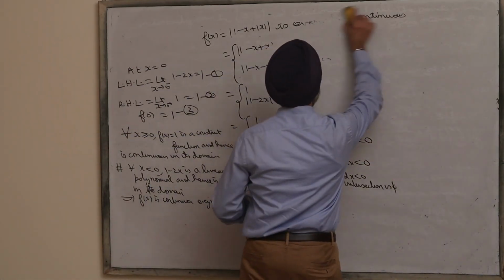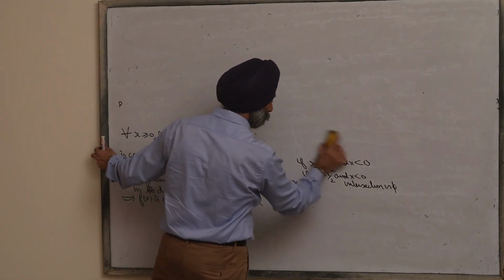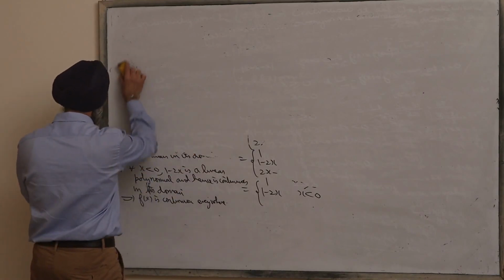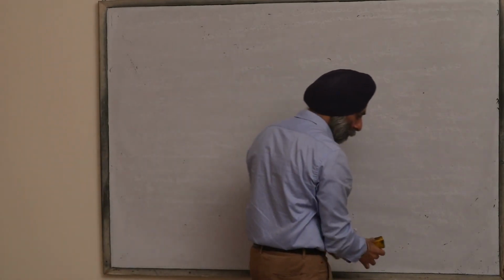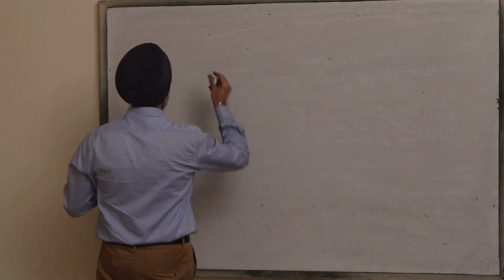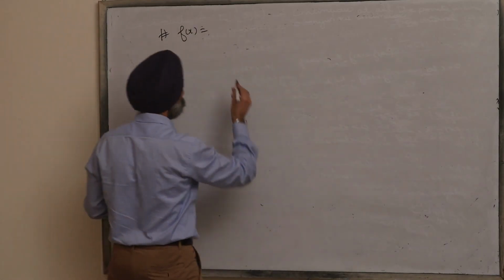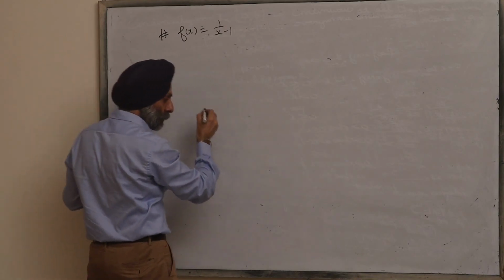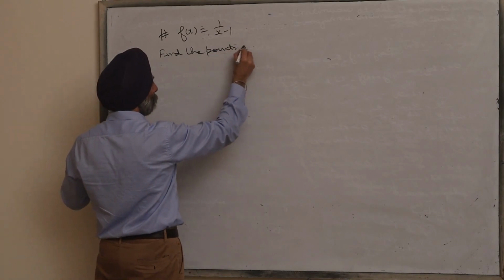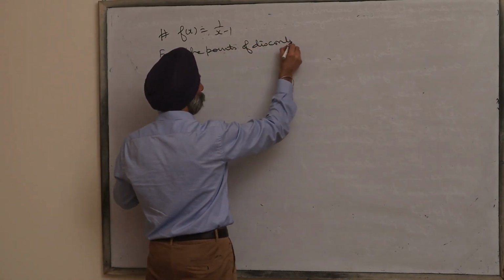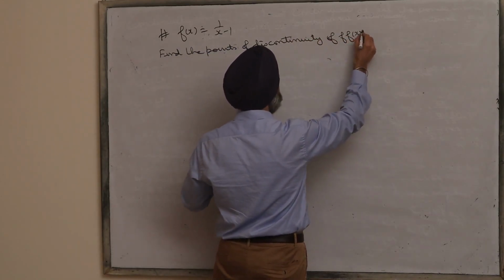Now next is, for example, the next question: f(x) is equal to 1 over x minus 1. Find the points of discontinuity of f(x).